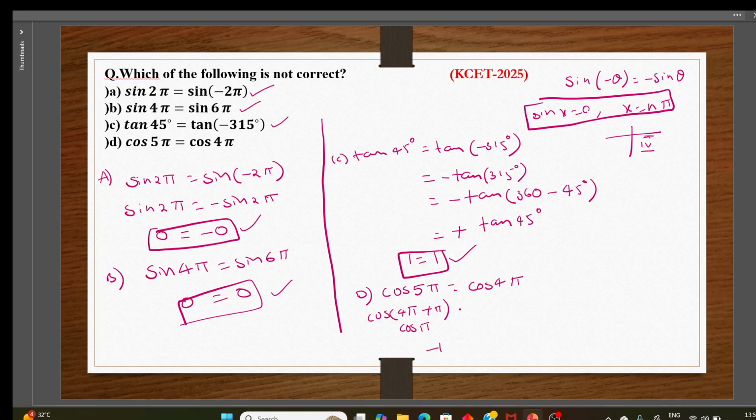Cos pi value is minus 1. Now cos 4 pi we have to check. Cos 4 pi means cos 2 into 2 pi, and its value is 1. So minus 1 is not equal to plus 1. So option D is wrong. Option D is not correct, so our answer is option D.